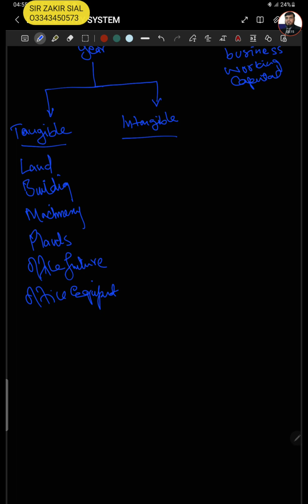And intangible assets are those which we cannot touch, like the good reputation of the business, its trademark or license.